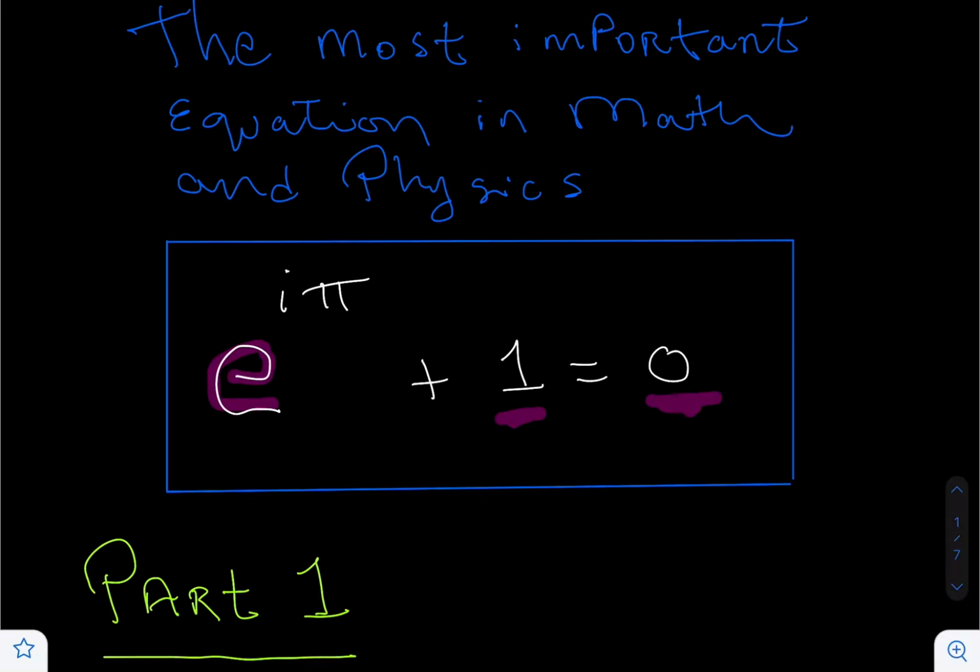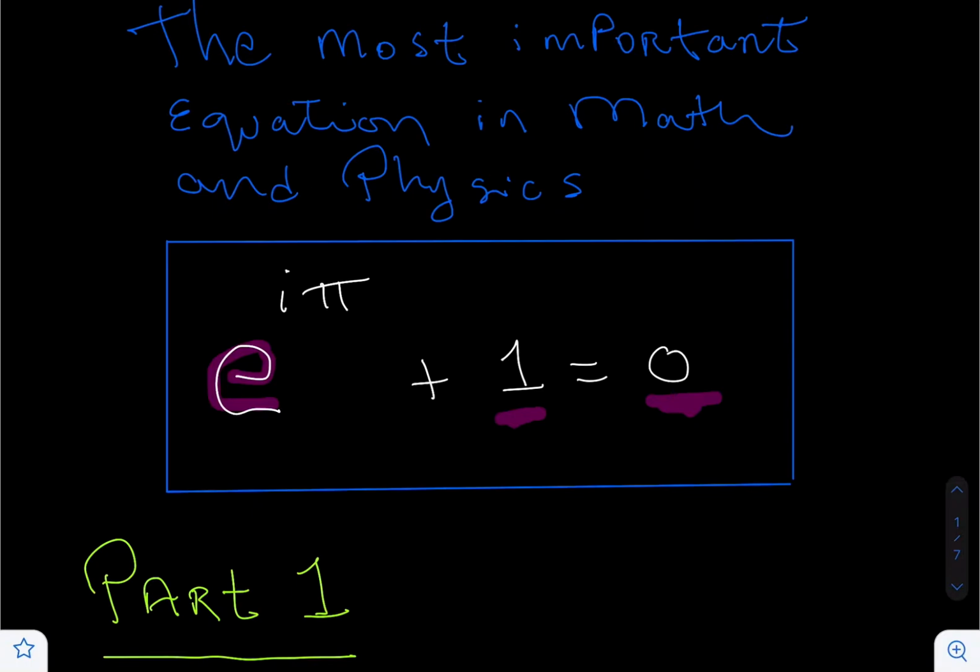So the derivative of e to the x is equal to e to the x, and that's how you can derive that constant. The imaginary number, I never liked that term, imaginary number, but anyway, a square root of -1, it's not so imaginary. And pi, and they're all put together in one equation.